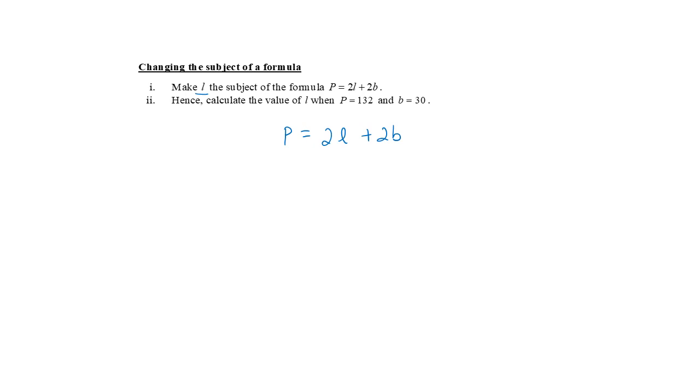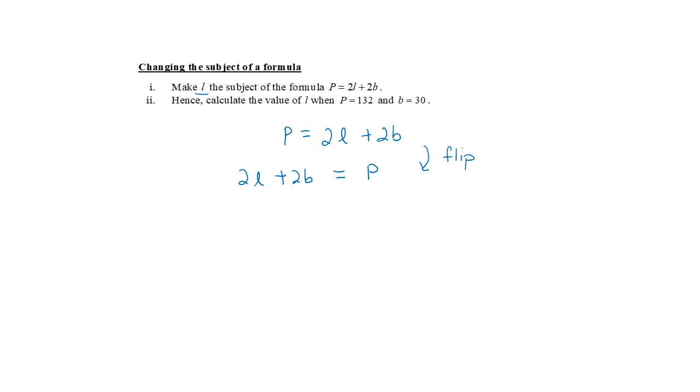Right now, P is on the left-hand side. To do that, since I want L to be on the left-hand side, I am going to flip this equation or formula around. That means I'm going to write the mirror image like this. I call this a flip.